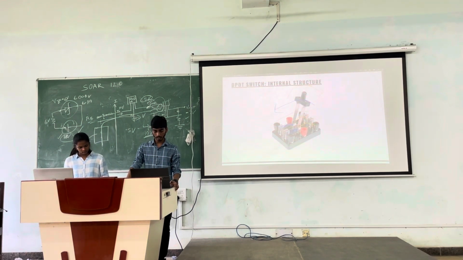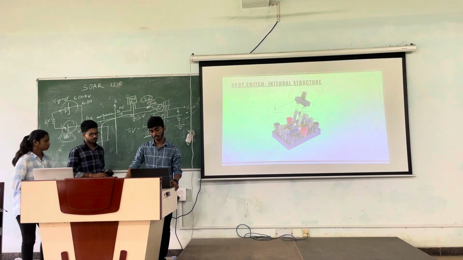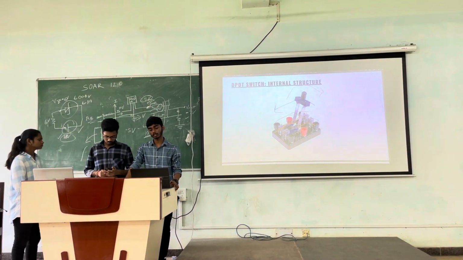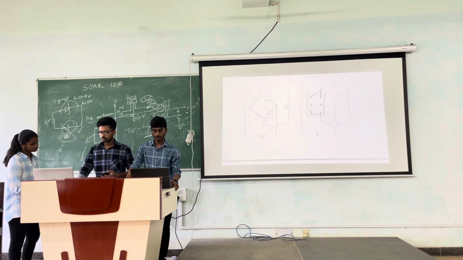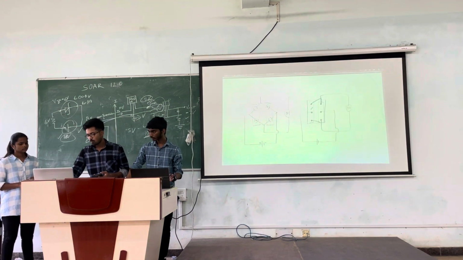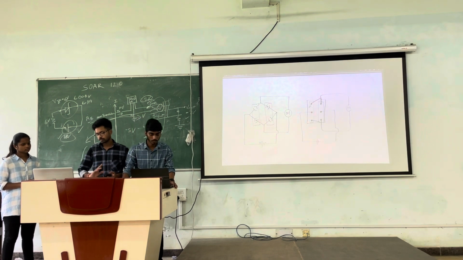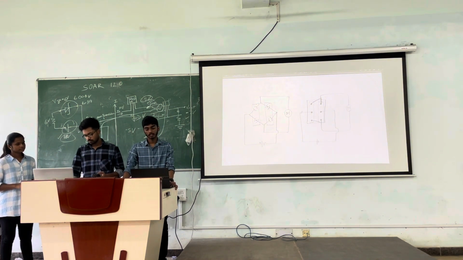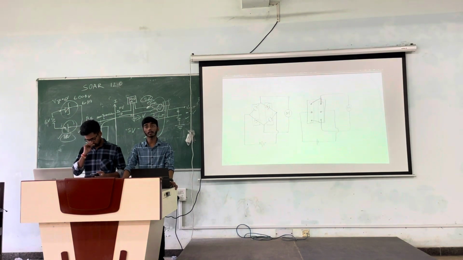In DPDT switches, we have already seen that if we are turning on these 2 switches, these two terminals are not connected. So this is the in-off condition. Okay. So we are just trying to have this configuration practically in our DPDT switch.